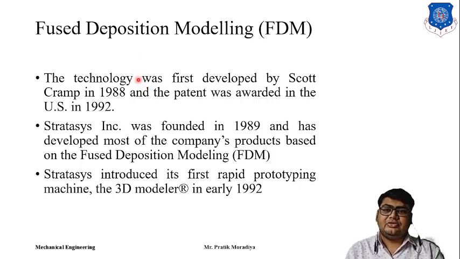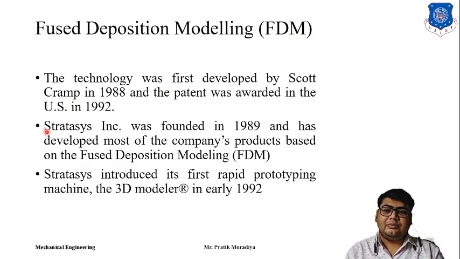Fused deposition modeling technology was first developed by Scott Crump in 1988, and the patent was given to him in 1992. Stratasys Incorporated is the biggest, or a leading, manufacturer of FDM processes.